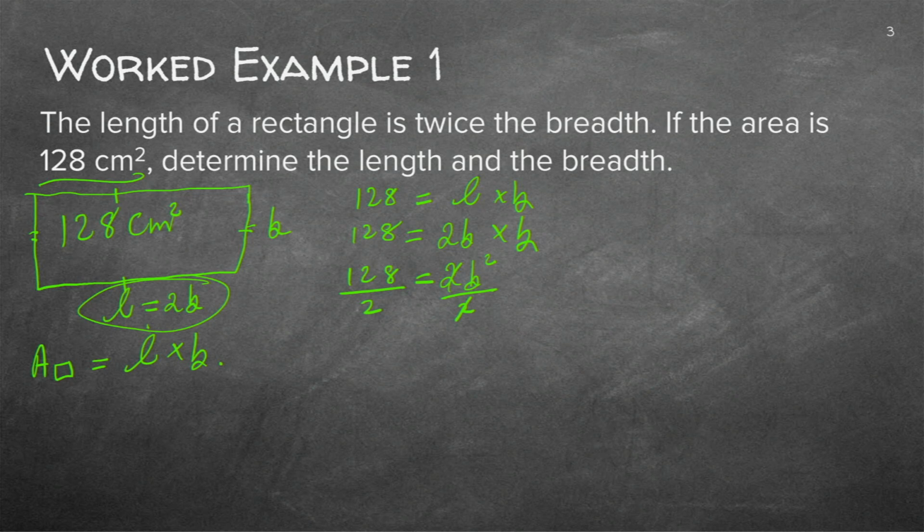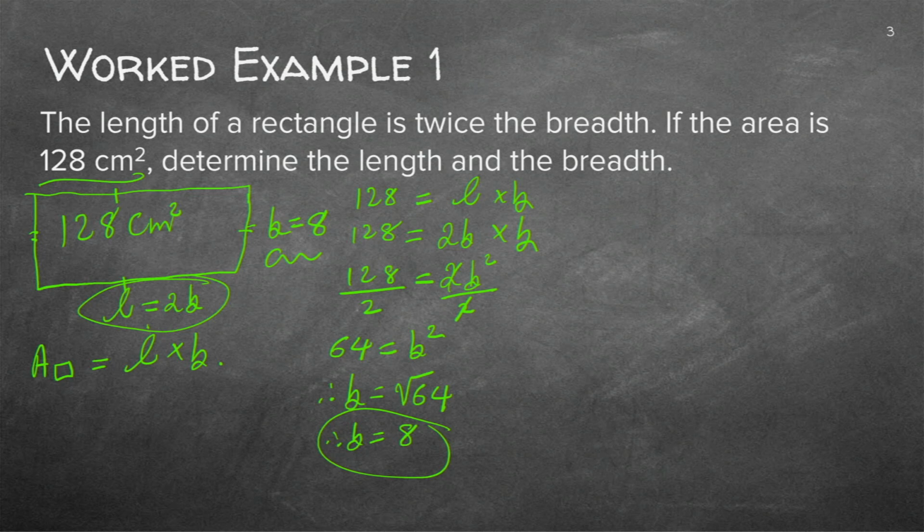You're going to find yourself with 64 equals B squared. So therefore, guys, B is given by the square root of 64. And the square root of 64 is 8. So you have found at least one side, this side is 8 centimeters, okay?